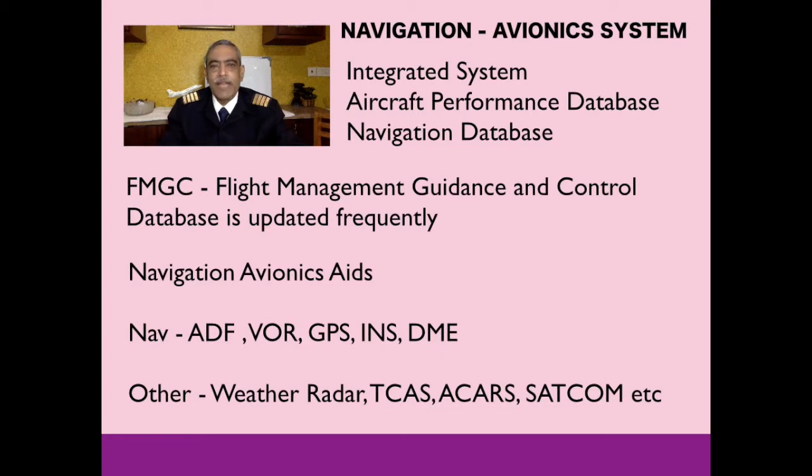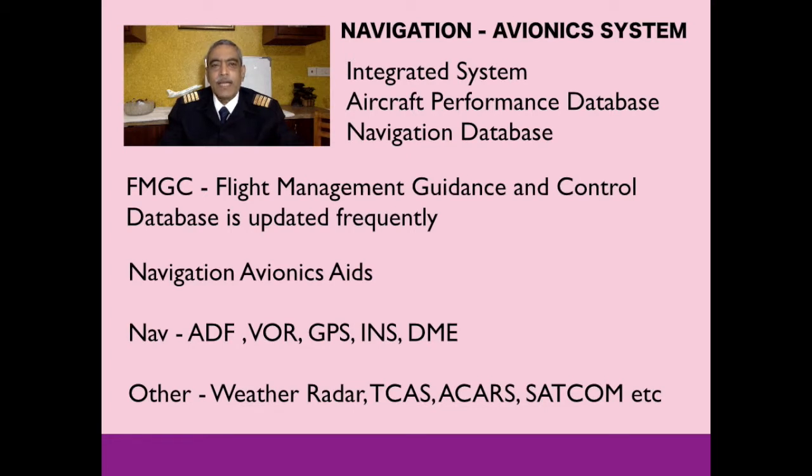And of course, the navigation database, which is loaded by the operational managers approximately once a month, contains all the navigation information of different waypoints, airports, navigation aids, etc. Then, of course, the flight management guidance and control database is updated frequently.